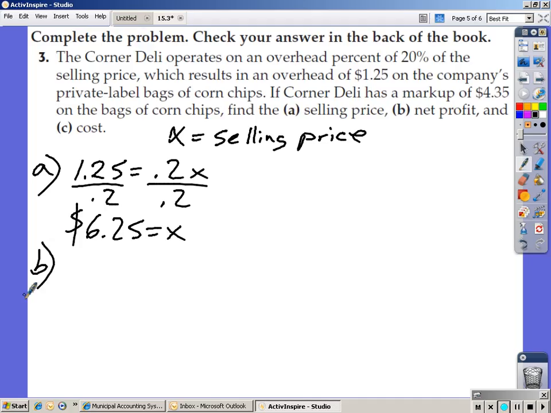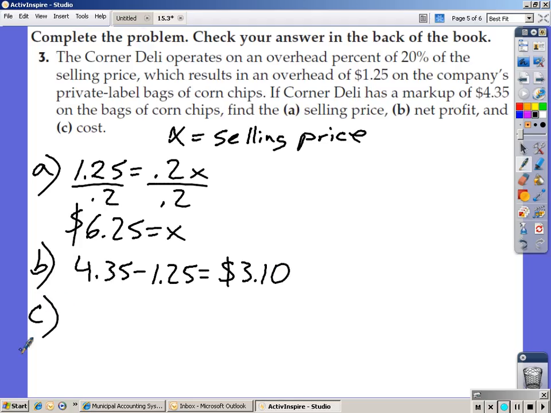Part B wants us to find the net profit. Find the net profit, you take the markup, which is $4.35, minus your overhead, which is $1.25. So, $4.35 minus $1.25, $3.10 in net profit.